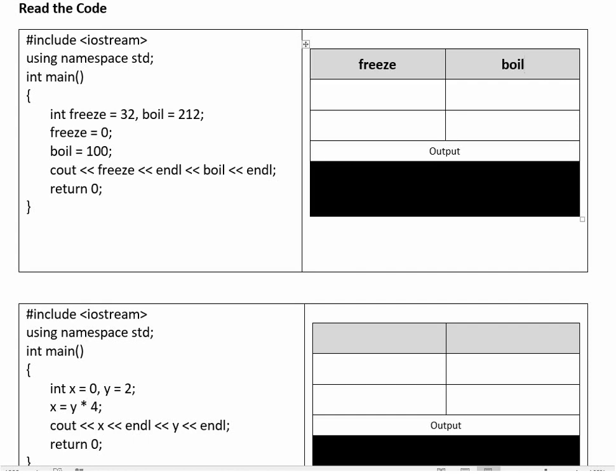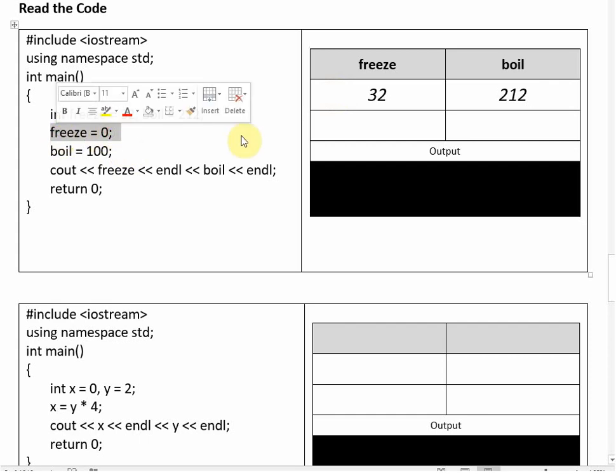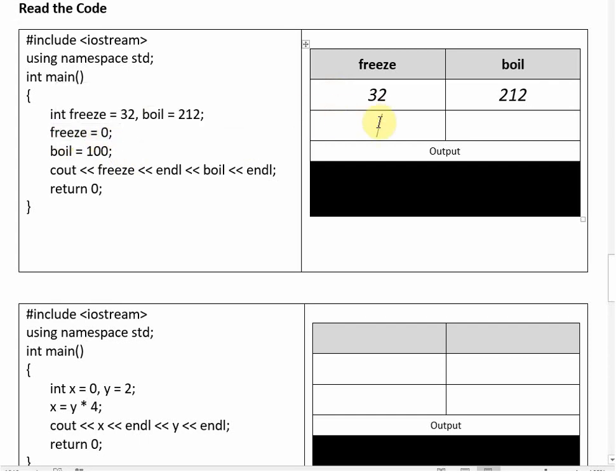Initially they have a value of 32 and 212 respectively. Now the next statement here is freeze equals 0. That means instead of 32 being stored in the freeze variable, 0 is now stored in the freeze variable. And 100 is going to replace the 212 for boil.